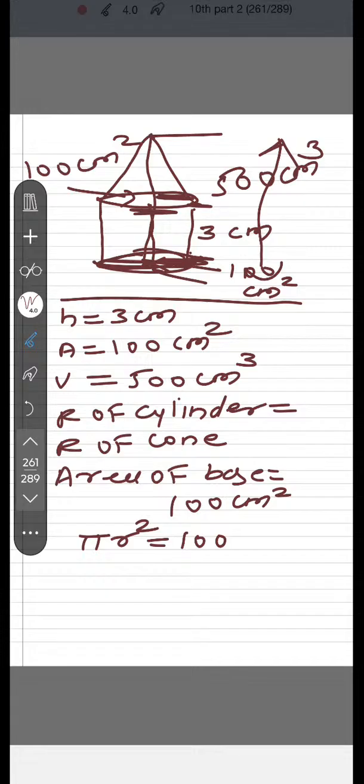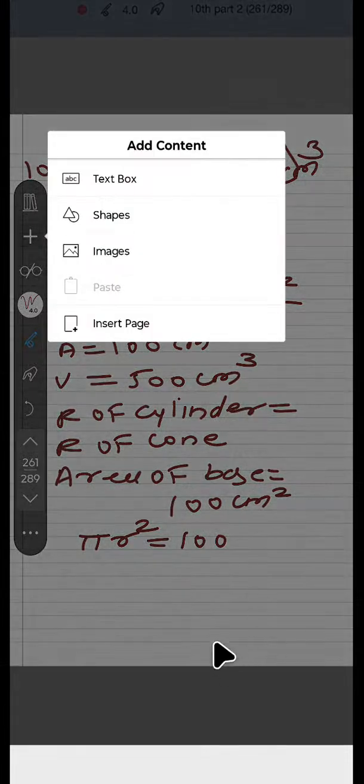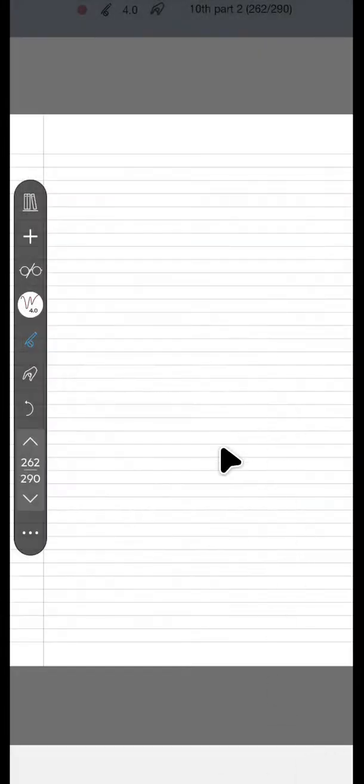Simply correct, na? Now we all know the area of that base is pi r square. Therefore pi r square is equal to 100. Now let's talk about the next given thing. What they said: let the height of the cone be h. It means what?